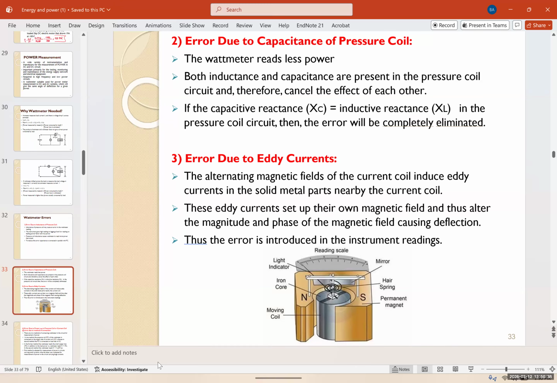So it magnetizes the whole thing, and then you're going to have an error in the reading. These eddy currents set up their own magnetic field and thus alter the magnitude and phase of the magnetic field, causing deflection. Thus, the error is introduced in the instrument reading.